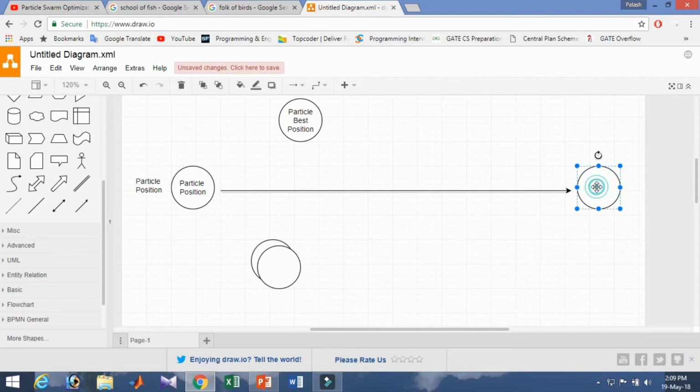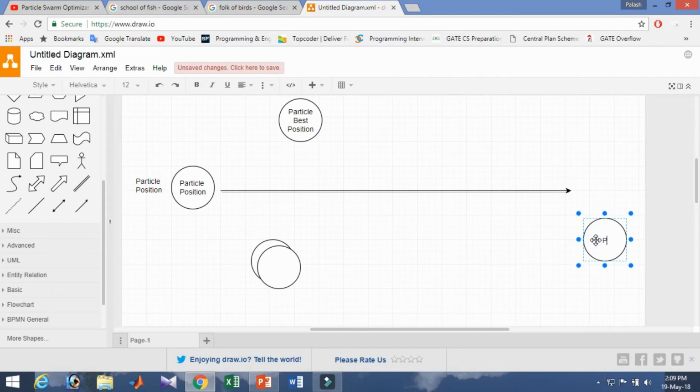Okay, it is the particle global best position. Or for changing the picture, let me draw it here. Okay, particle global best.